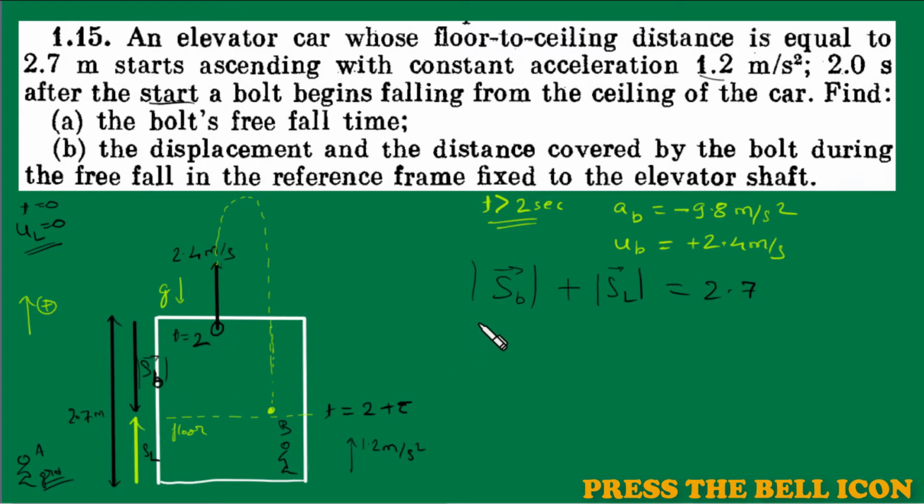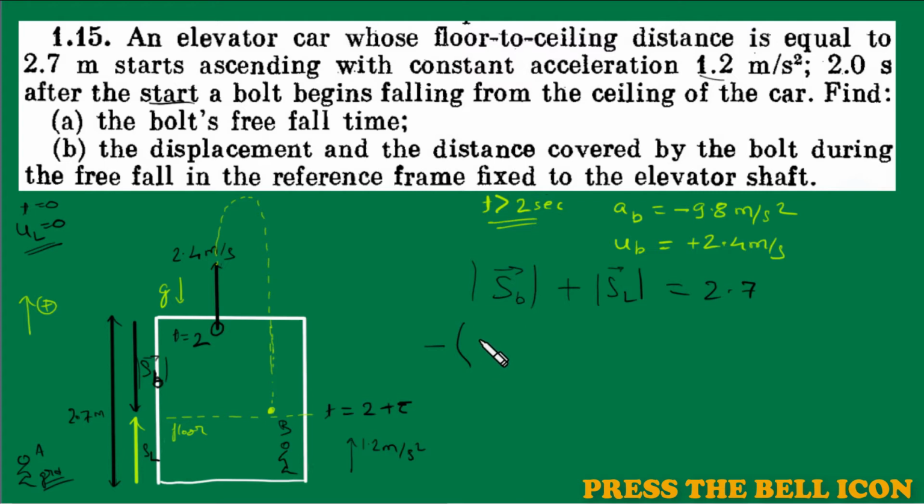So we know how to open the mod. If we know that displacement is negative, then we put an extra minus sign outside, because we want magnitude. So I put a minus sign in advance and write the displacement of this bolt.